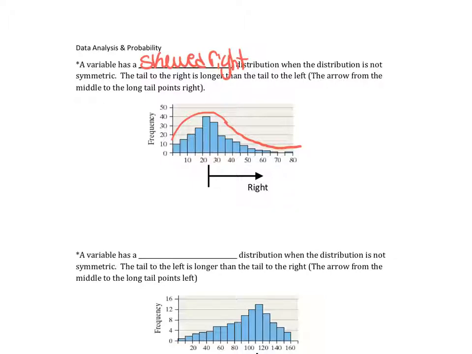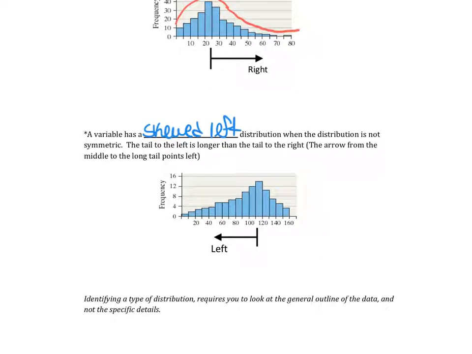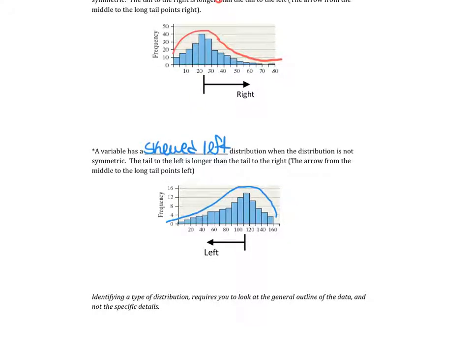So being skewed left just means your tail is to the left. Again, most of your data is to the right, but then there's some to the left pulling it over. Okay, so again, identifying a type of distribution requires you to look at the general outline of data, not the specific details.